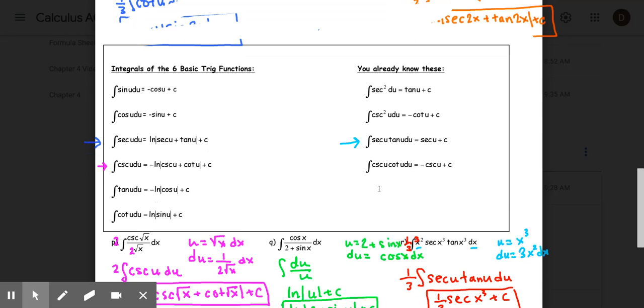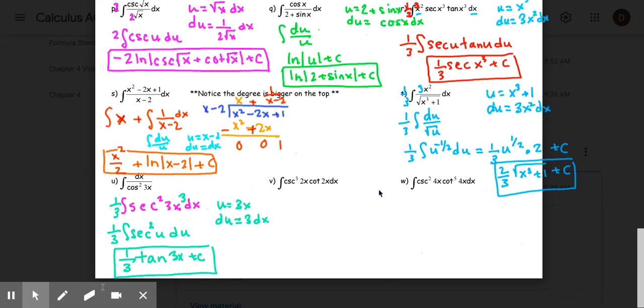These are not raised to a power, so it's not exactly like that. What does it mean when it's not exactly like one of the formulas up there? It means that you have to think bigger in terms of your u. A suggestion would be, if you have one trig function raised to a power, try to make u that trig function and see if it works.